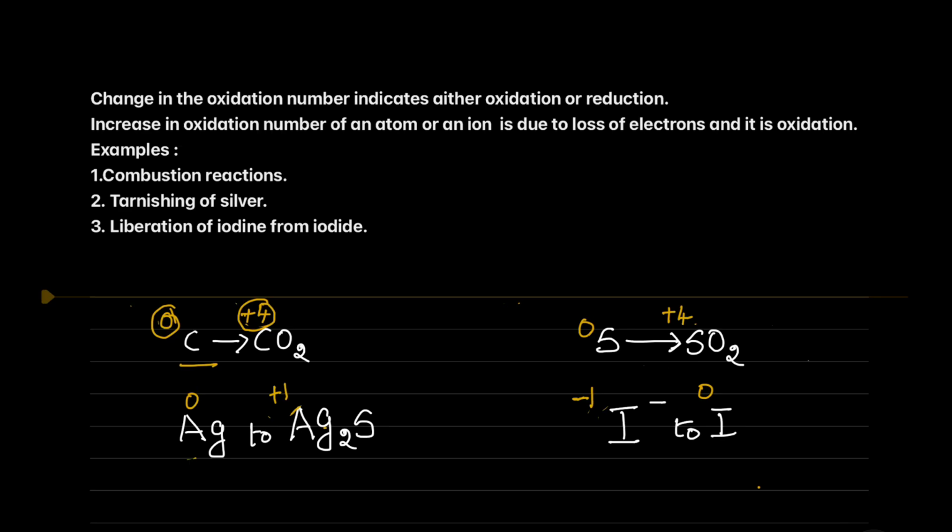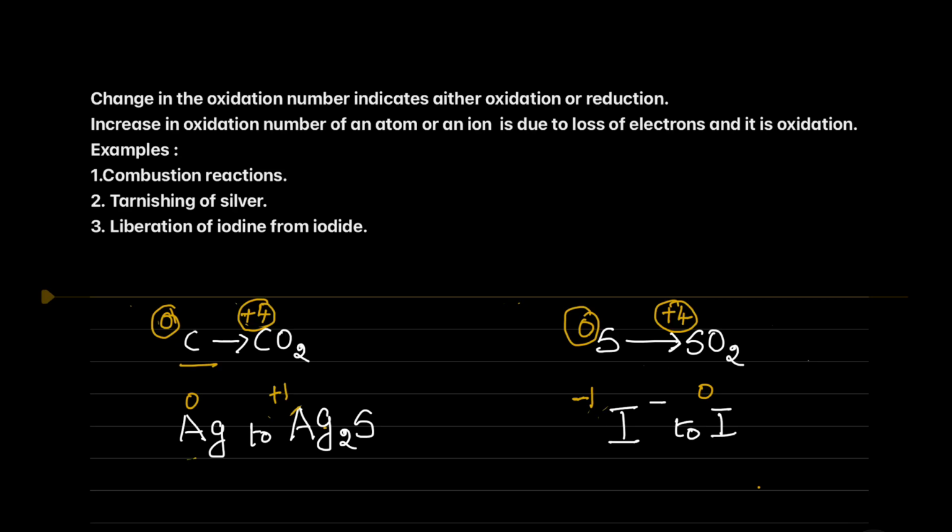Here, the oxidation number of sulfur increases from 0 to plus 4, indicating oxidation. Next one is tarnishing of silver. You would have observed that when silver articles are exposed to air, a dark coating is deposited on them. It is known as tarnishing of silver, and the chemical process is silver is converted into silver sulfide.